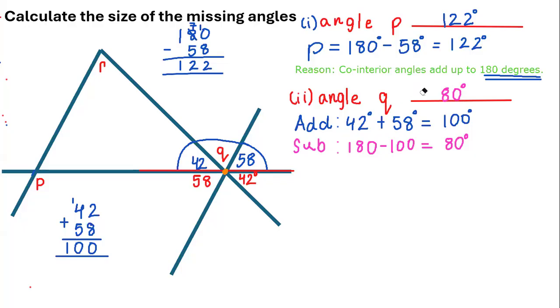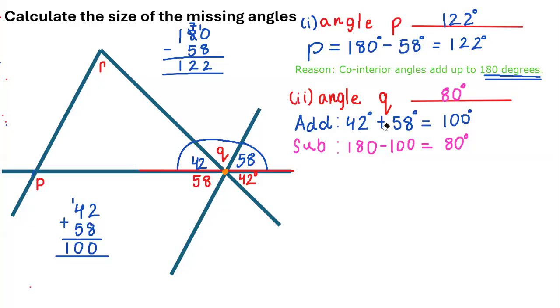So explain how we got Q. What do we do to get Q? I don't know. You don't know? All right, so the first thing we do, notice here we have Q in the middle. We know that they're on a straight line, at a common point. What do we do with the 42 and the 58, Tavano?